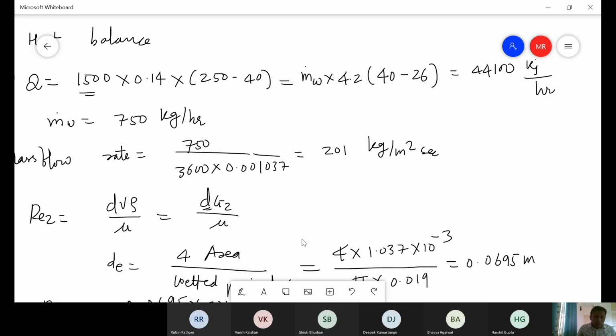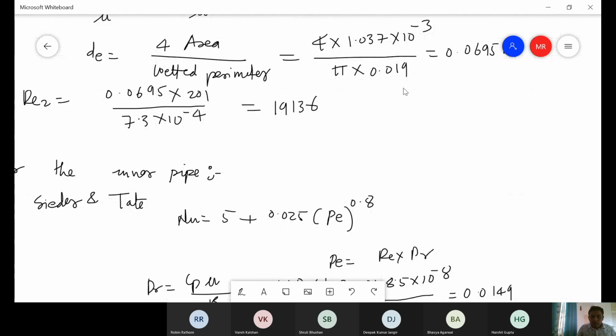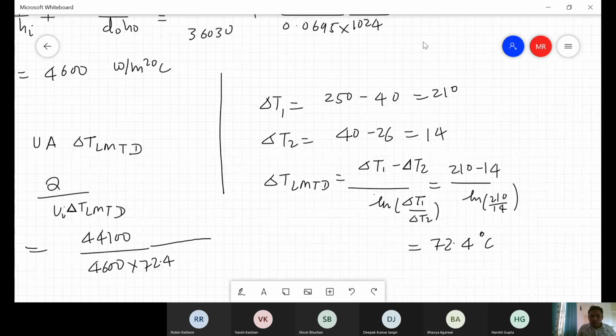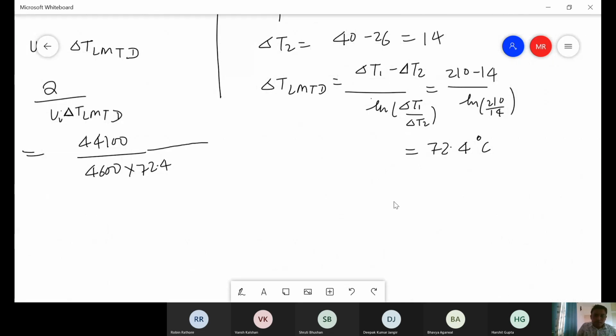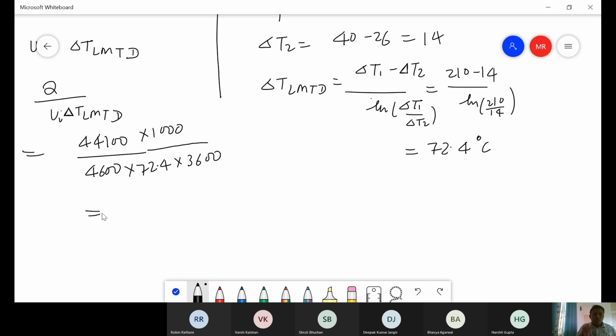So what we have to multiply is 1000, so that is joule, divided by 3600, so that is going to give me area.